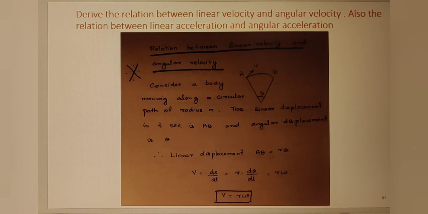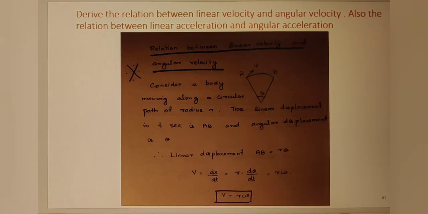Here the linear displacement is AB and theta represents the angular displacement. So linear displacement AB is equal to r into theta.